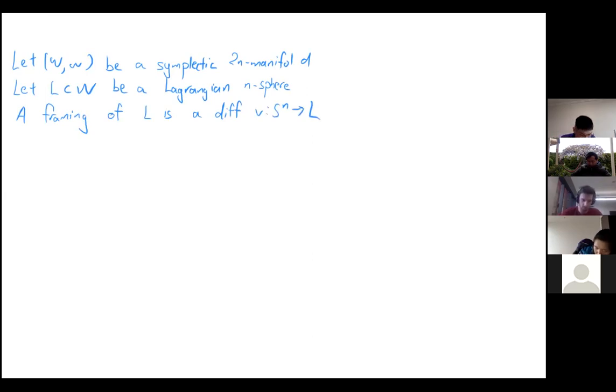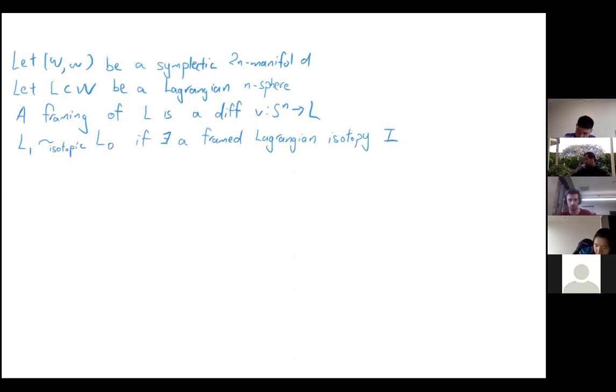And what else? So we say L1 is isotopic to L0 if there's this frame. This is crucial when you want to consider isotopy between Lagrangian spheres.